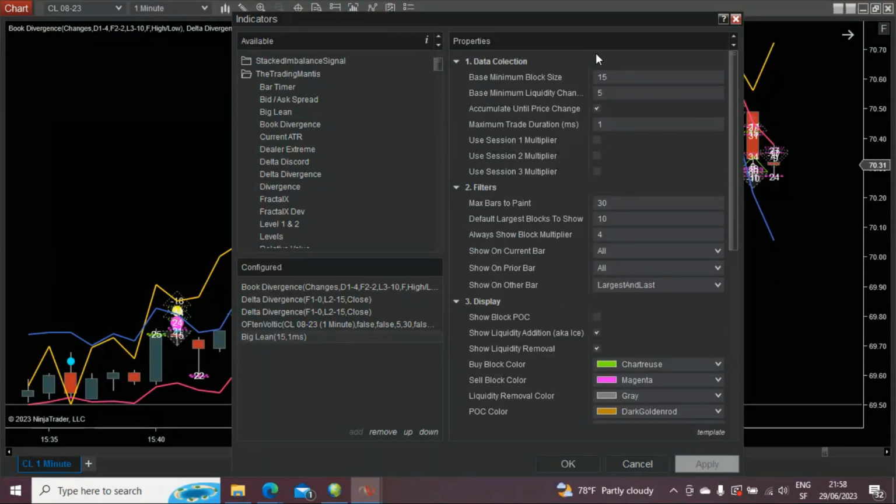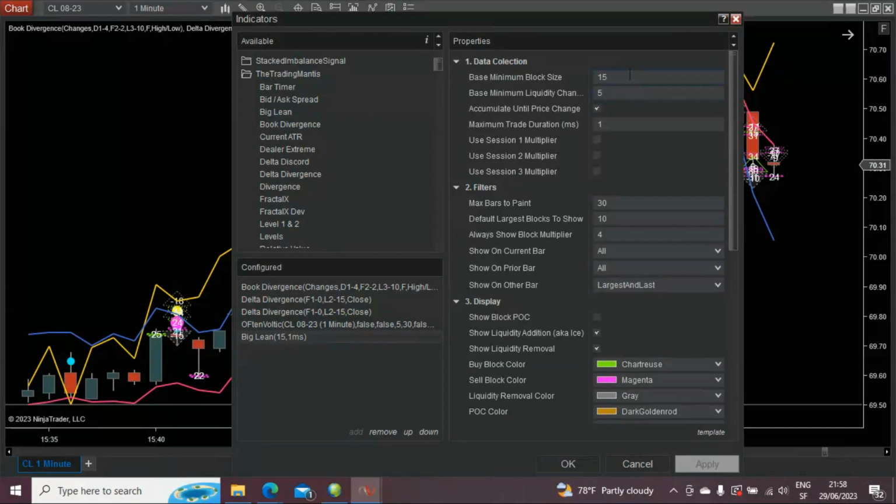The idea behind Big Lean is to show you where some big trades are taking place, so that if they happen to take place at, say, a top edge, and it's a big buy trade, and then price starts to reverse, then that big buy trade could be a good lean for your sell trade as price moves down. So that's the idea behind Big Lean.